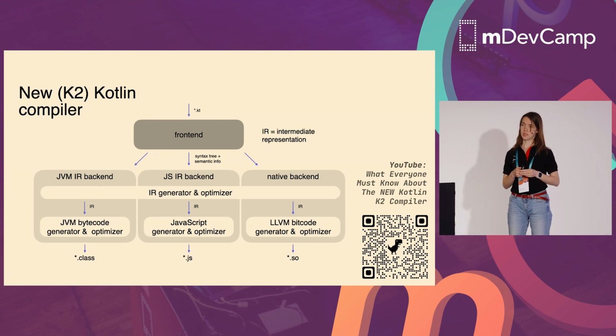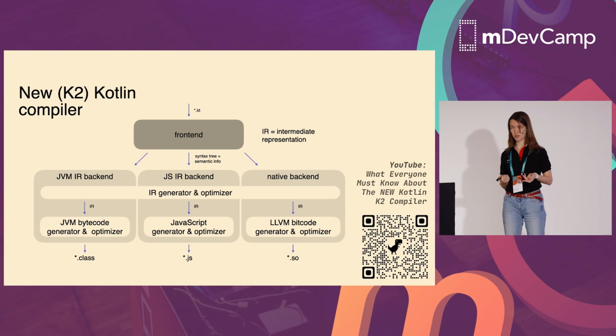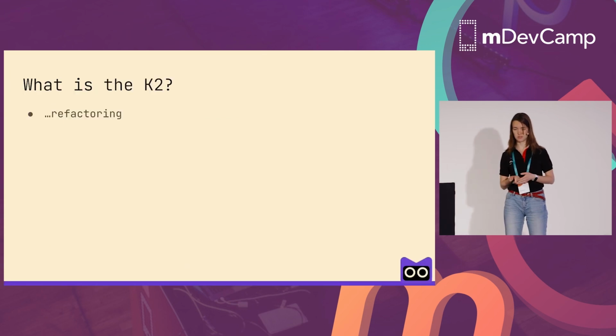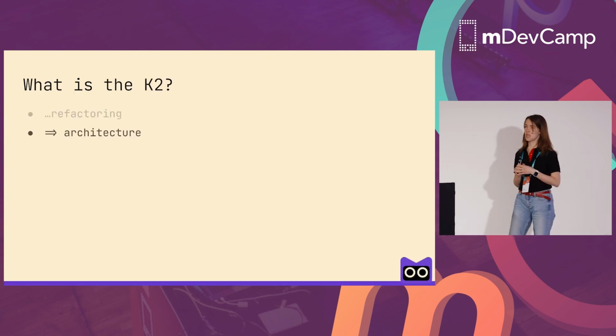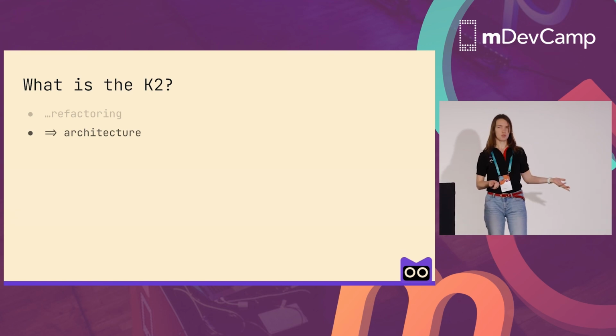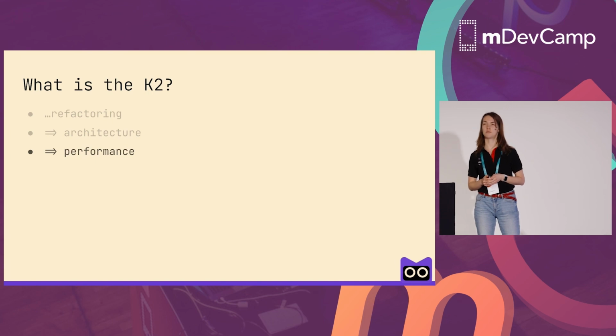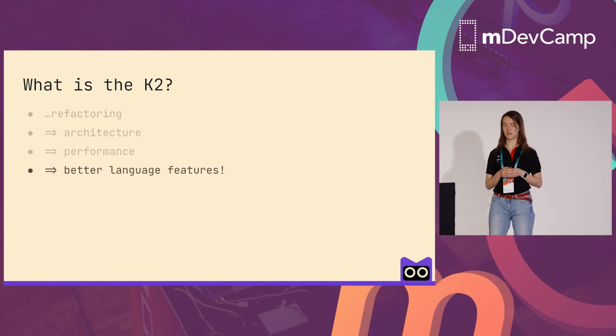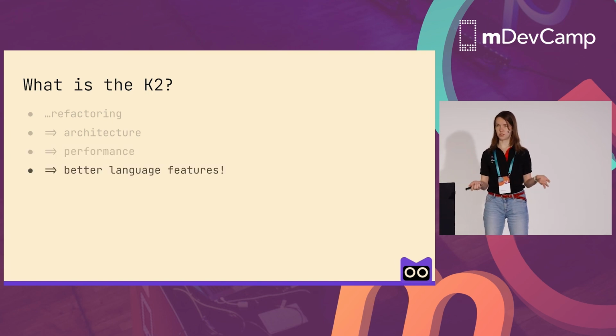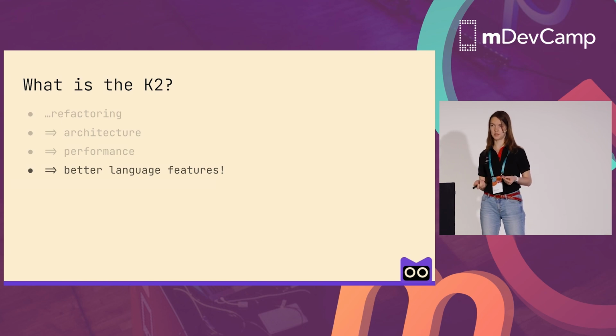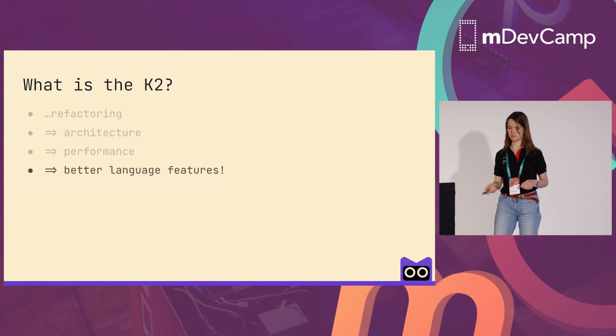And well, we have rewritten half of a compiler. Now we get to stabilize it. Of course, we've got those advantages: better architecture, better performance, and in case of Kotlin, better language features in the future. Why? Because now we have a consistent logic among all the backends, and we have fewer corner cases.